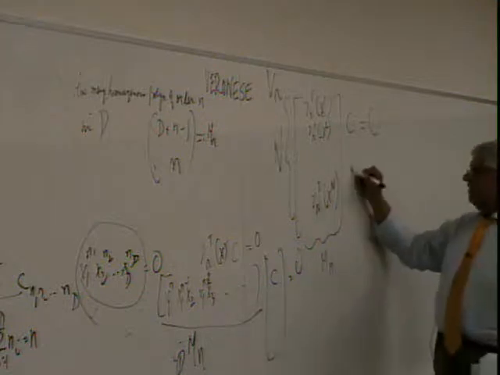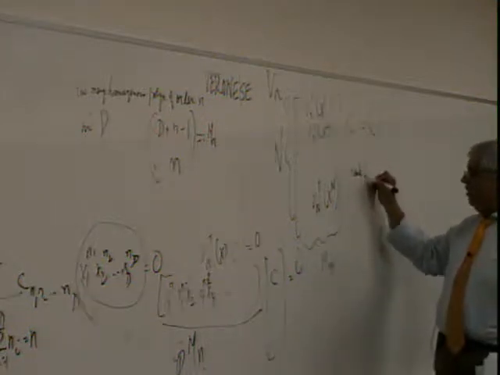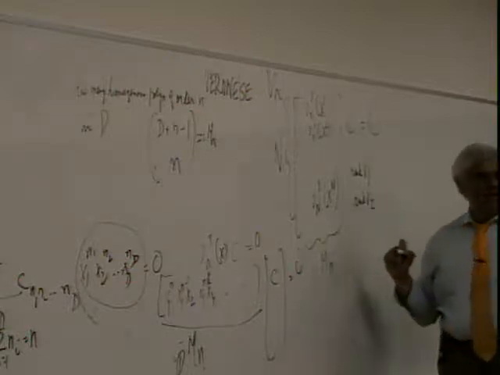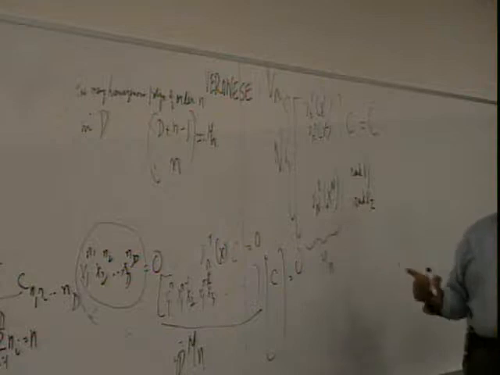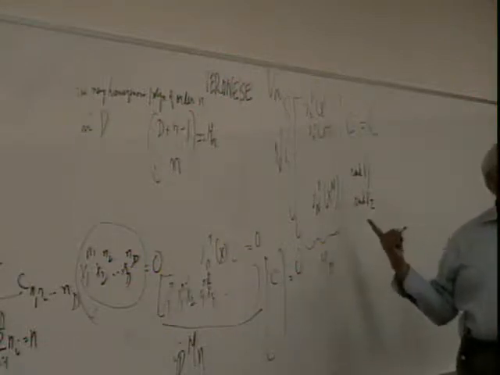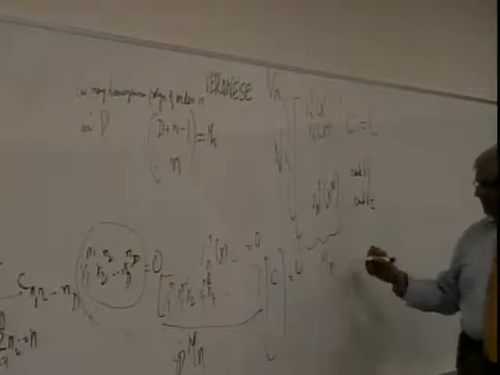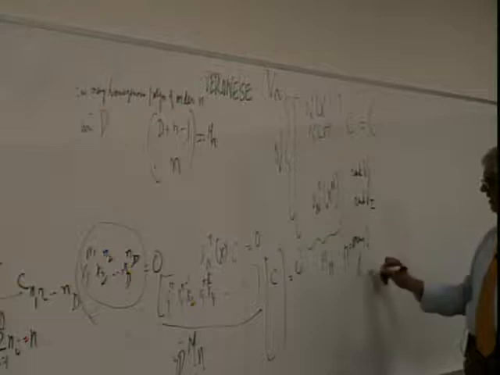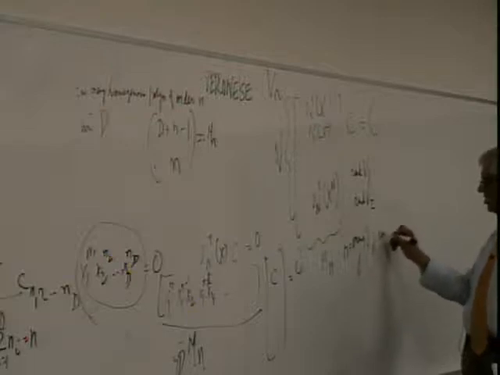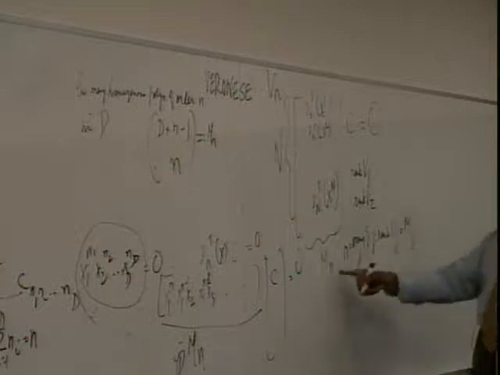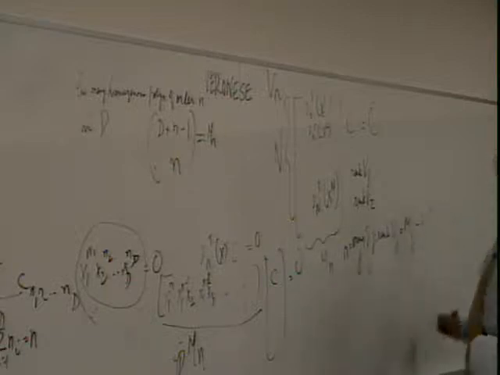Keep computing the rank, so build V1, V2, Vn. The place at which the rank drops by 1, that's the stage at which you've got a null space, and that gives you the number of clusters. So n equals the minimum over j of the value of j at which the rank of Vj becomes equal to m sub j minus 1.